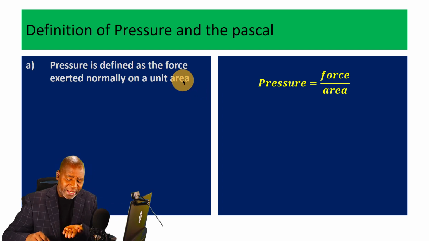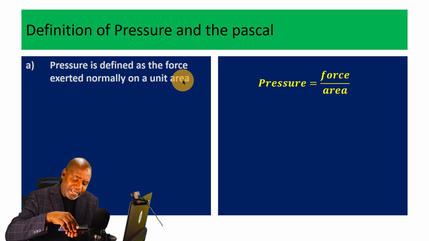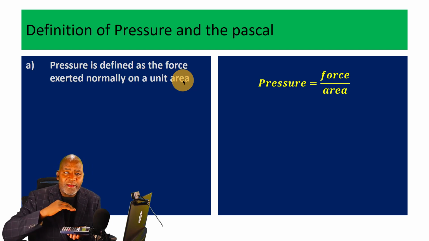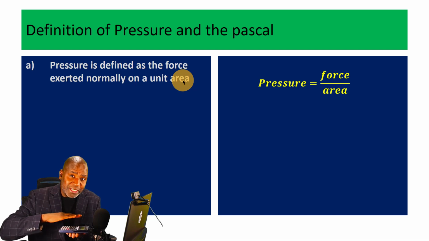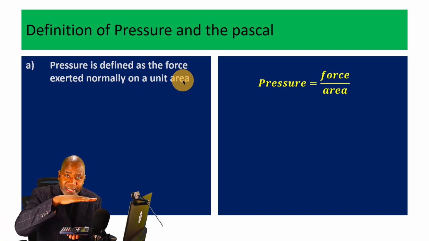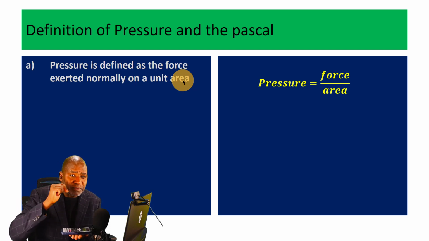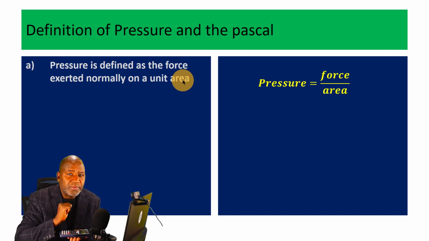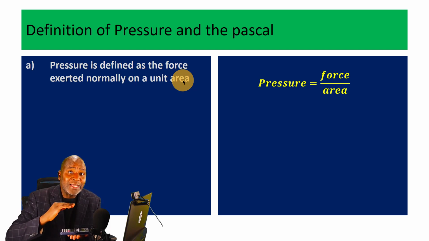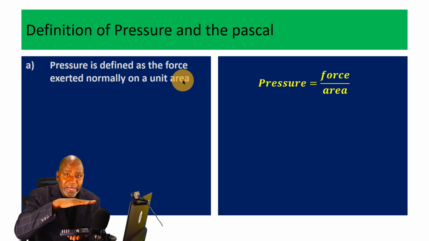Again, when I go to my hand and the calculator, the area of contact is in the horizontal plane. The force exerted by the calculator on that area is vertically downwards. So the force is in the vertical plane while the area is in the horizontal plane.